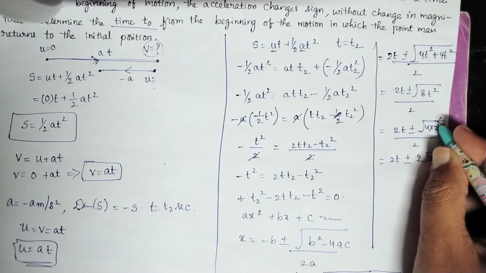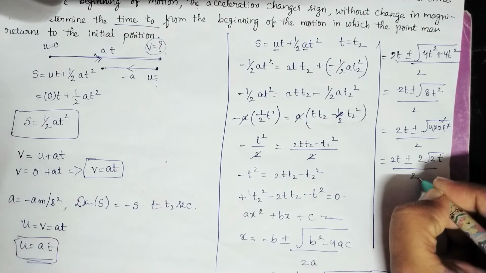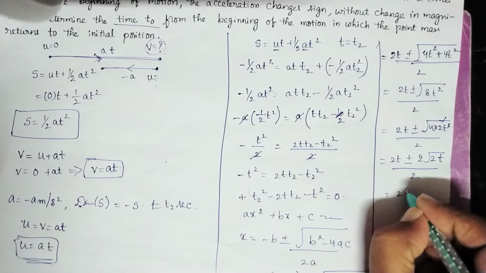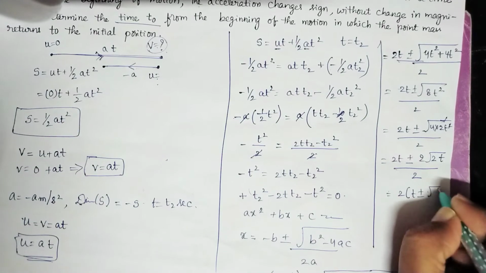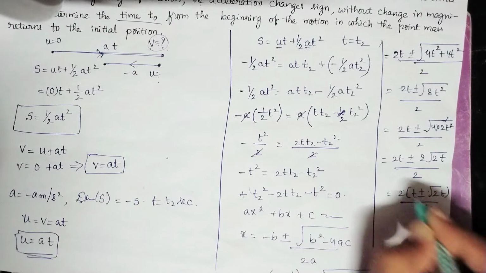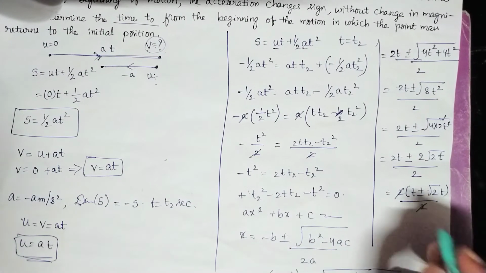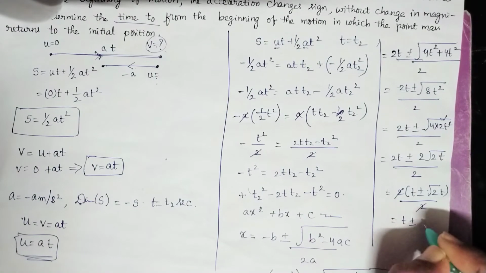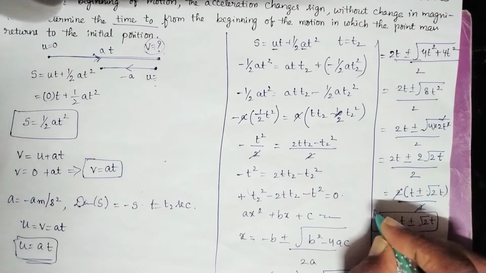Here 2 is common: 2 of t plus or minus root 2 t, over 2. So this 2 and this 2 get cancelled. What is left here? t plus or minus root 2 t. This is the t2 value.